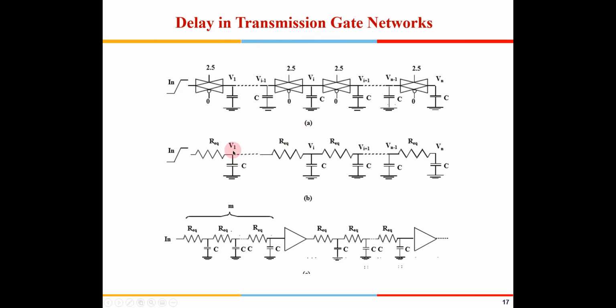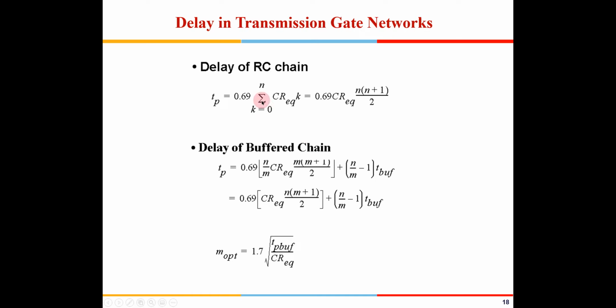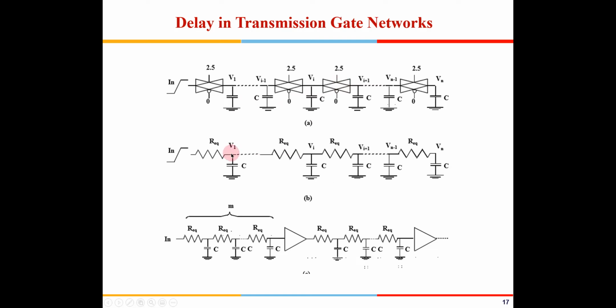For this node to get charged, it will be R equivalent into C, and this will be 2R equivalent into C, and this will be 3R equivalent into C. So these delays will keep getting added up. So if I write the equation, it will be C R equivalent into 1 plus 2 plus 3 plus 4, it will keep going on, right? This is 1 plus 2, because we are assuming this has to get charged first, and once this gets charged, we are taking it piecemeal and adding all the delays.